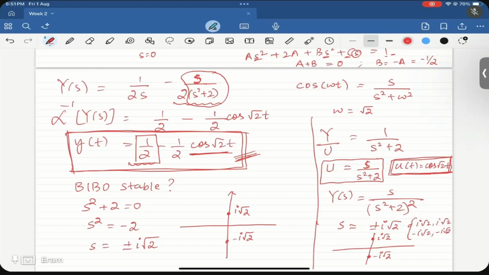So we have identified one input which can make the system unbounded. That's why the system is not BIBO stable. The best way to check is to find the poles of the transfer function. If any one pole is not on the left half plane, then the system is not BIBO stable.